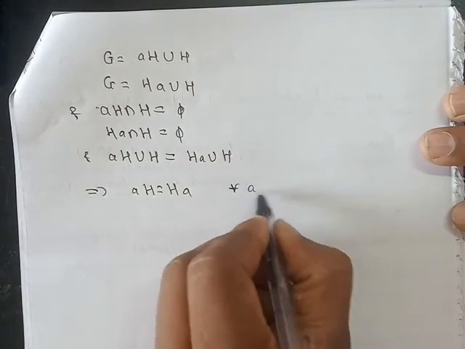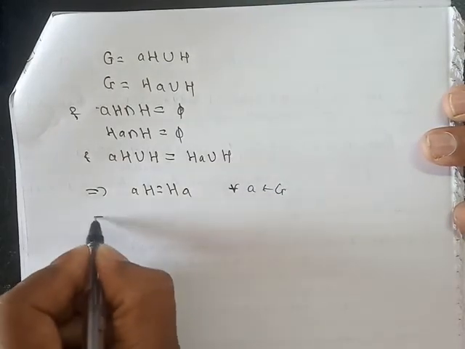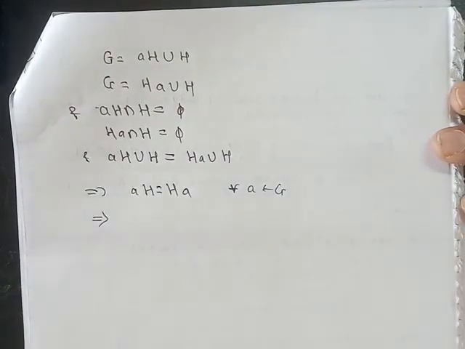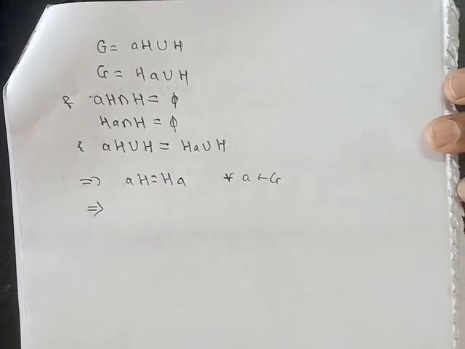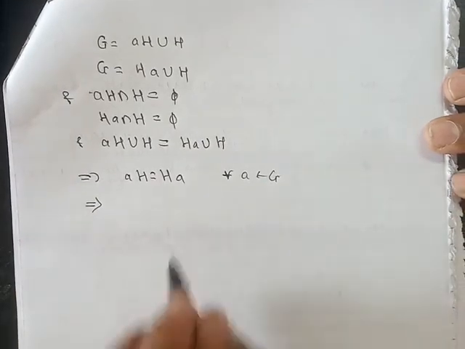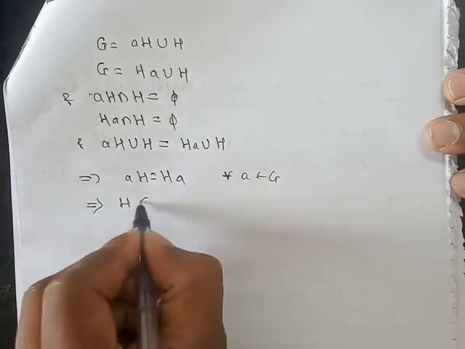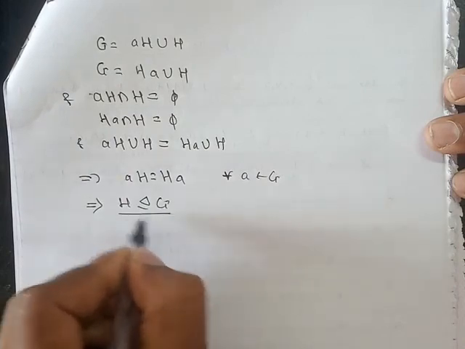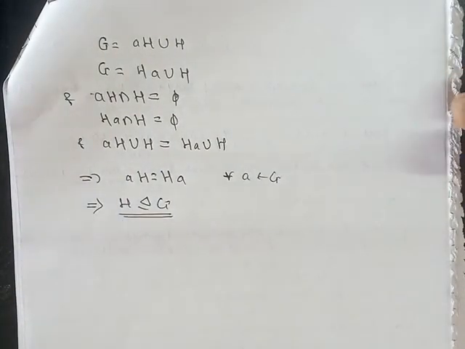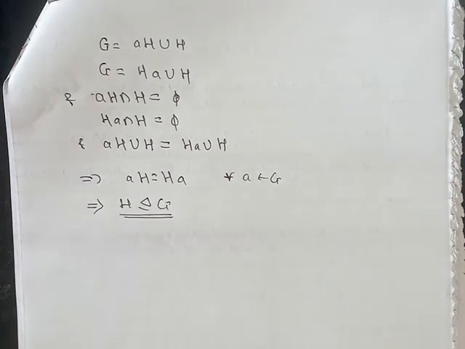For all a belonging to G, every left coset is equal to a right coset, and hence, using the previous theorem, H is a normal subgroup of G. That is, if any group has index 2 in G, then that group is a normal subgroup in G.